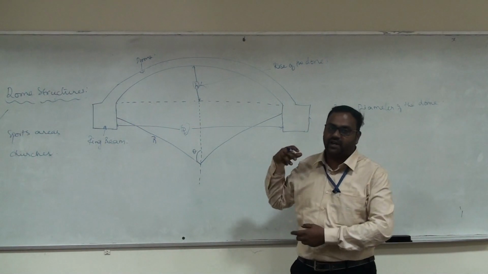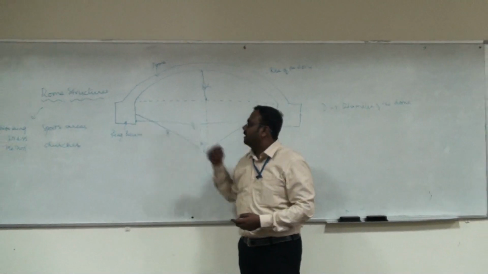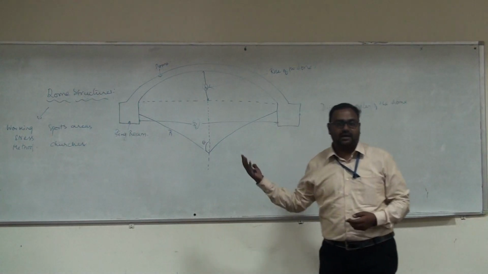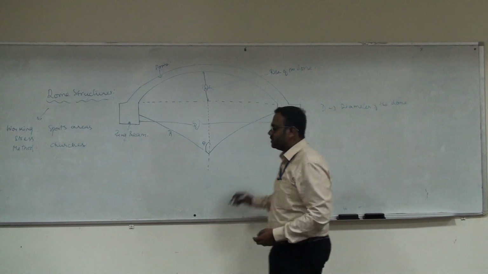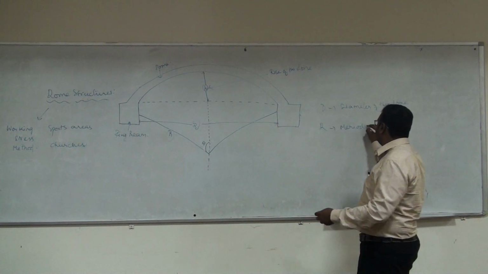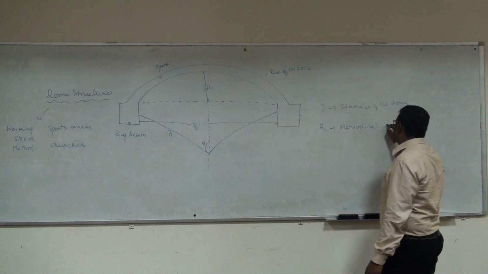For example, if it is a circular tank, it is the meridional angle subtended by the surface of the tank or large span structure. And this R is the meridional radius, and the angle subtending this meridional radius is theta.